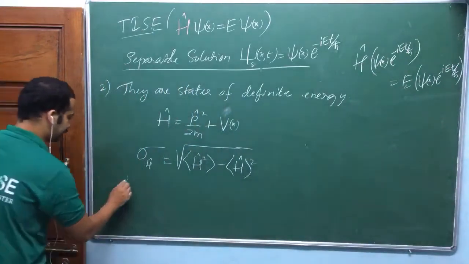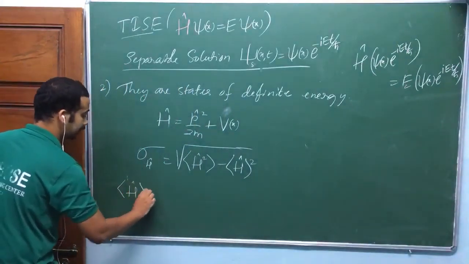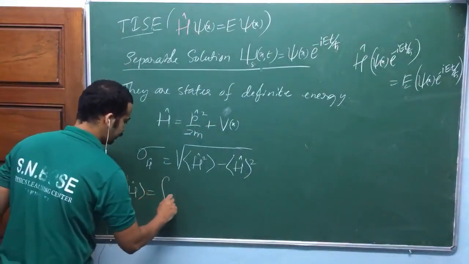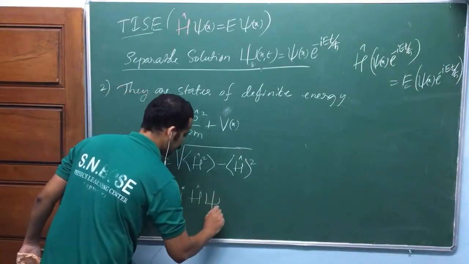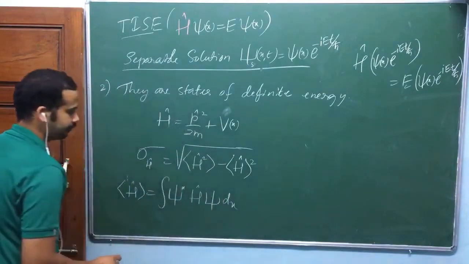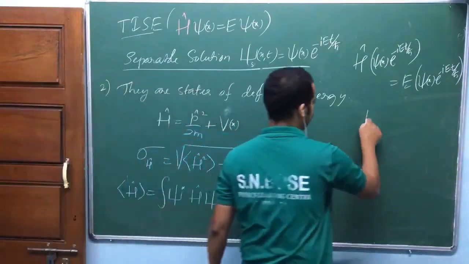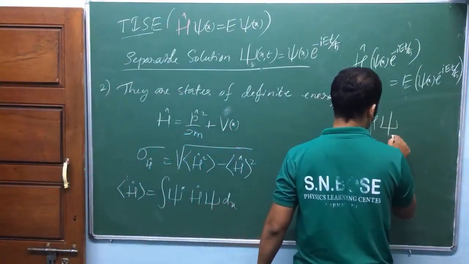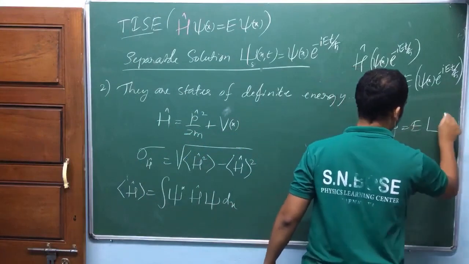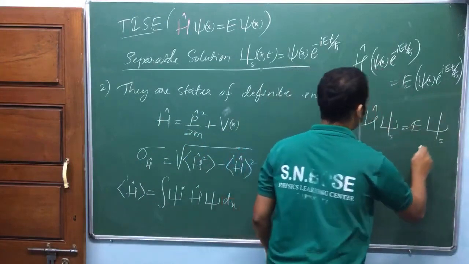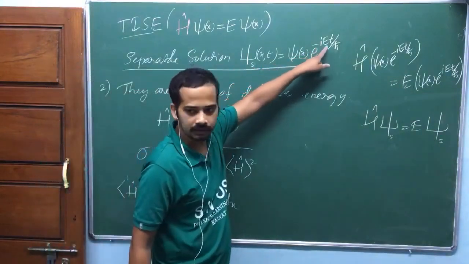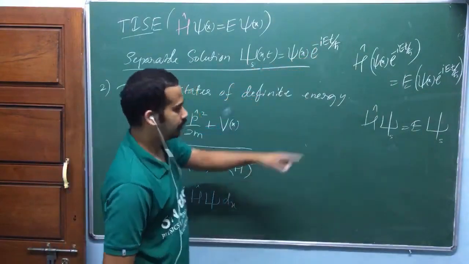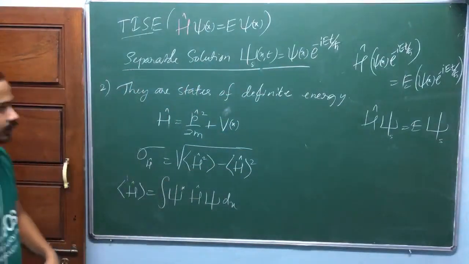So how do you find expectation of H cap quickly in this state? Psi star H cap psi dx. What is H cap into psi? I call this a stationary state with separation constant E. What is E?